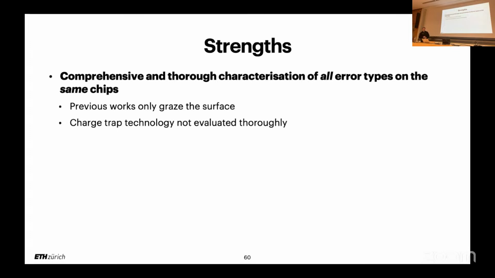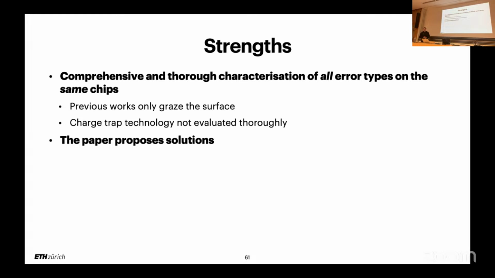Other papers look at the floating gate design, which is not really used in 3D NAND, but they do that anyway. Here we really look at the charge trap technology, which is the most widely used in the 3D NAND design.